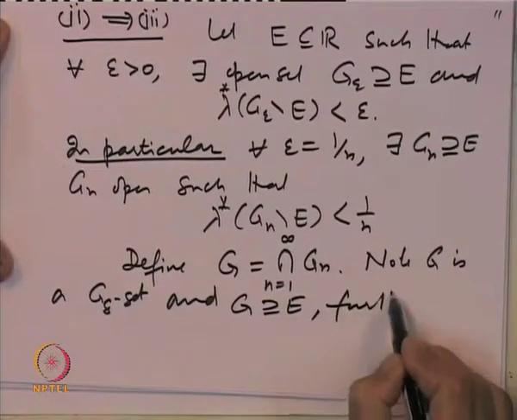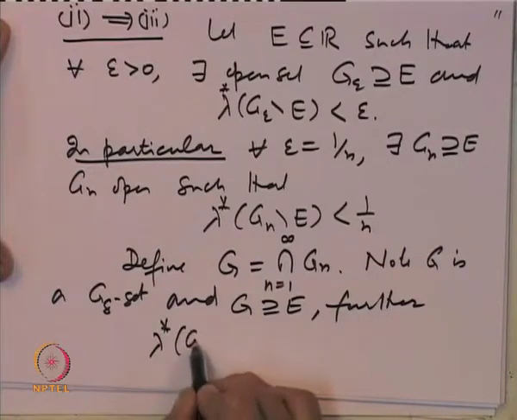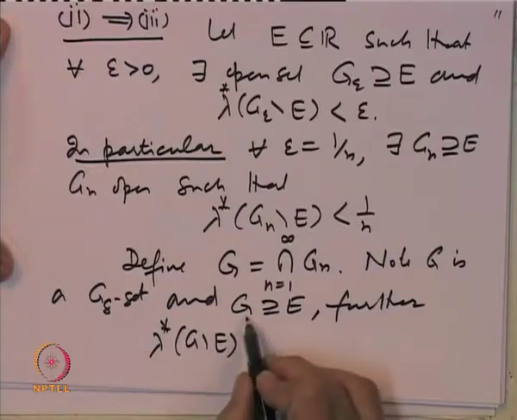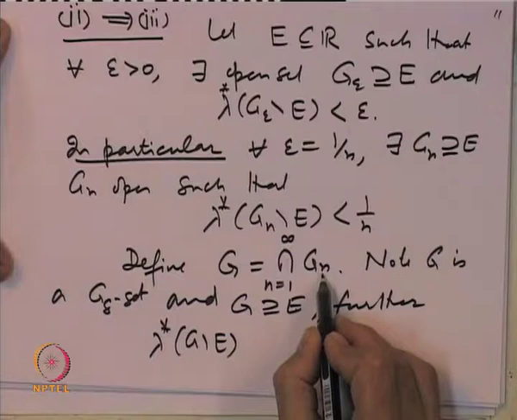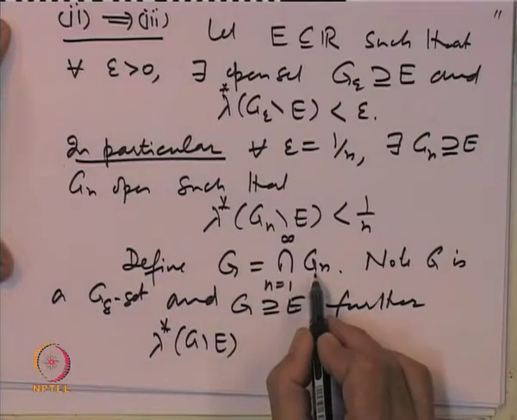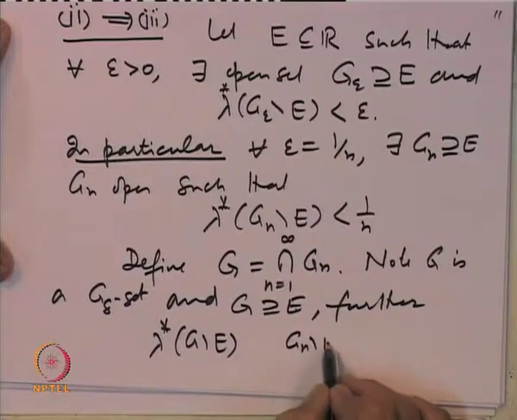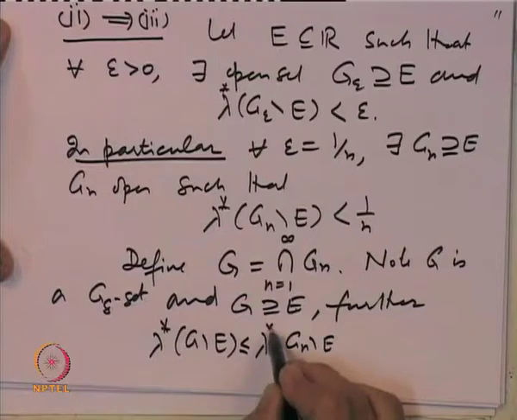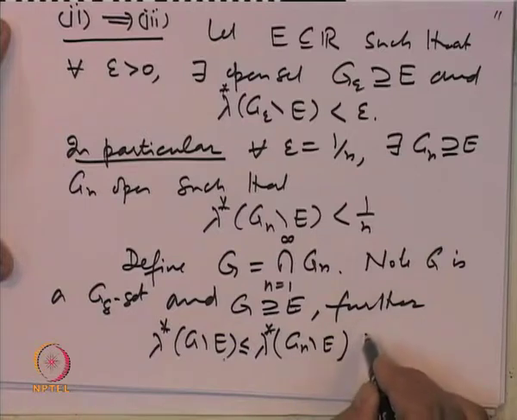Further, consider lambda star of G minus E. Note G minus E is a subset of G n minus E, because G is the intersection. So, G minus E is a subset of G n minus E. So, by the monotone property, lambda star of G minus E is less than lambda star of G n minus E, which is less than 1 by n.